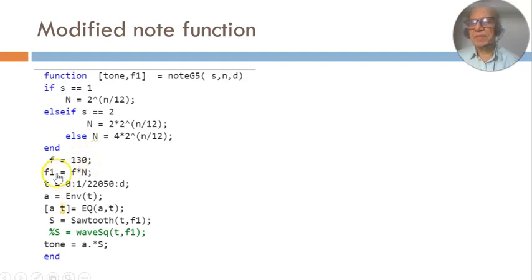The frequency of the note itself is obtained by multiplying the reference frequency by capital N, where N is calculated based on S and N, that we have already studied. The rest of the statements are similar to the previous note functions, but now we are also returning F1 to the output. That is written on the left hand side here. So only the first line is different, really speaking.